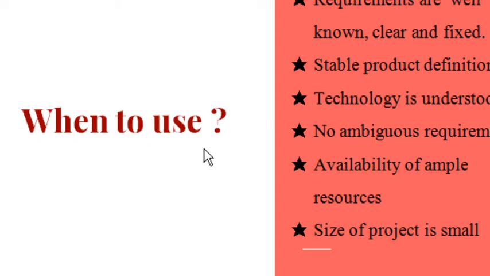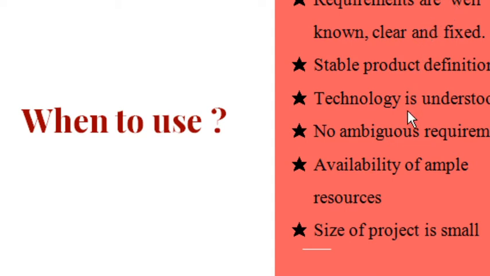Next, we shall see when we can use this waterfall model. The waterfall model can be used when the requirements are well known, clear, and fixed. The reason is that in this waterfall model, all the activities are moving in a forward direction, one after the other, but there is no movement in the reverse direction. So we cannot travel back to make any changes. Hence, the requirements should be well known, clear, and fixed.